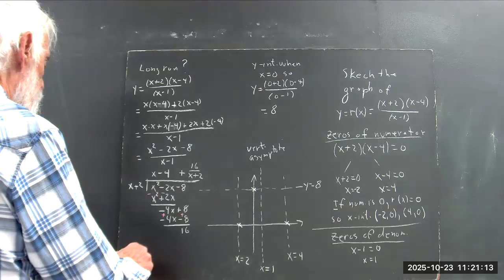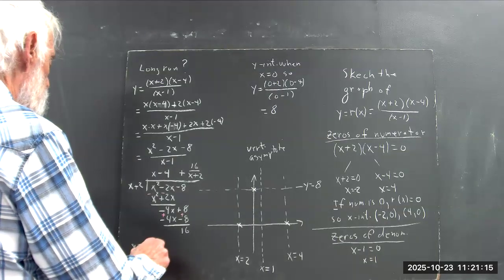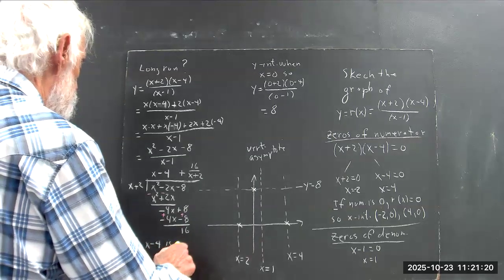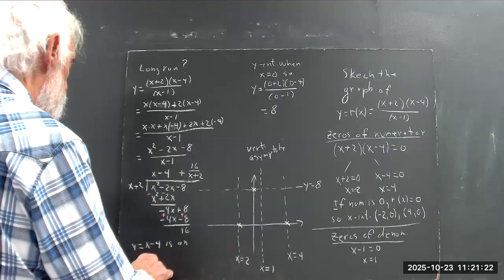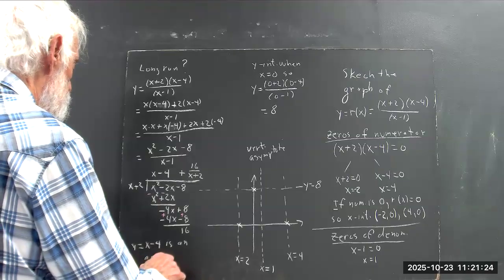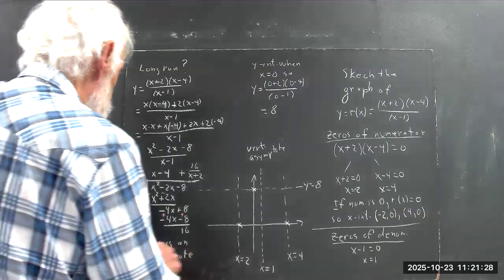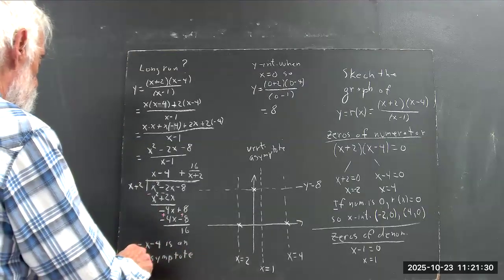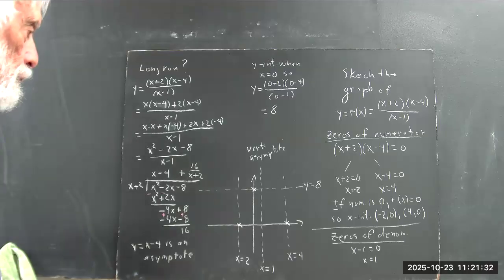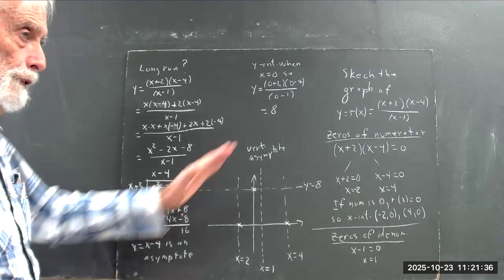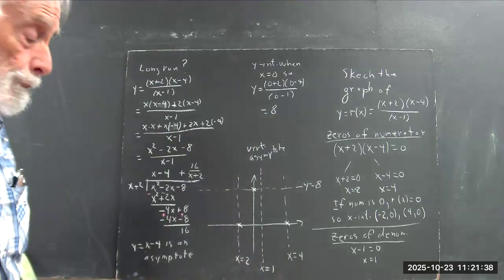So y equals x minus 4 is an asymptote. We call it a slant asymptote because it's a linear function and it slants up or down.